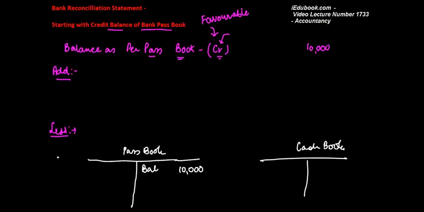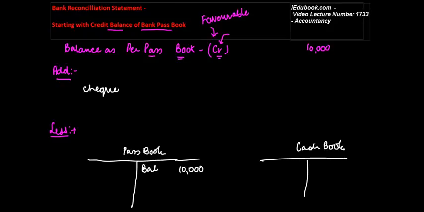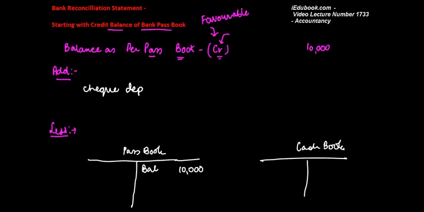Now I tell you that there was a check issued, or maybe instead of issued, let's first take check deposited into bank, not credited, and this is for rupees 500.